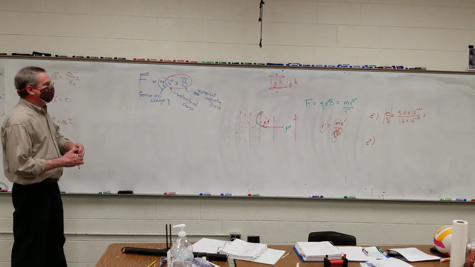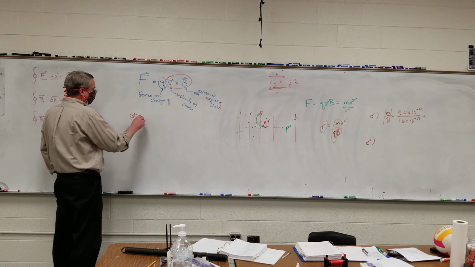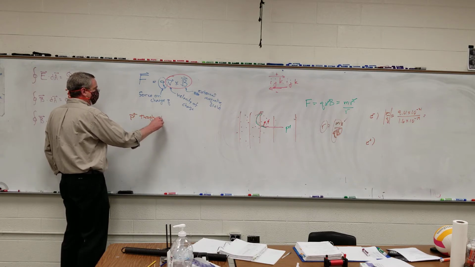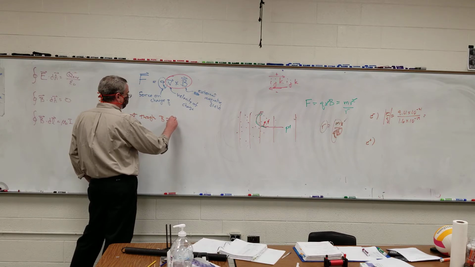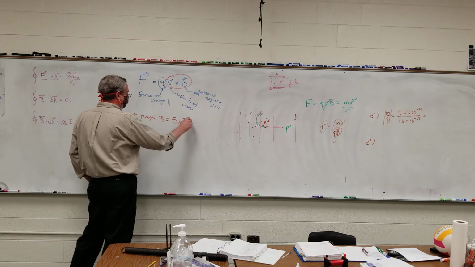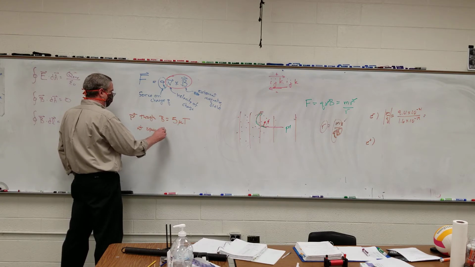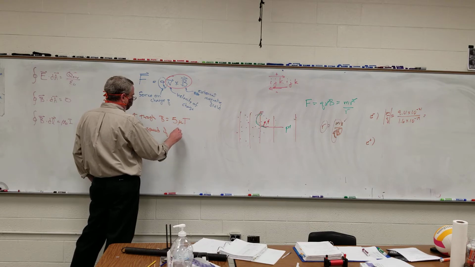All right, so let's do some numbers. I have a proton going through a magnetic field of 5 microtesla at a speed of 2 times 10 to the 7th meters per second.